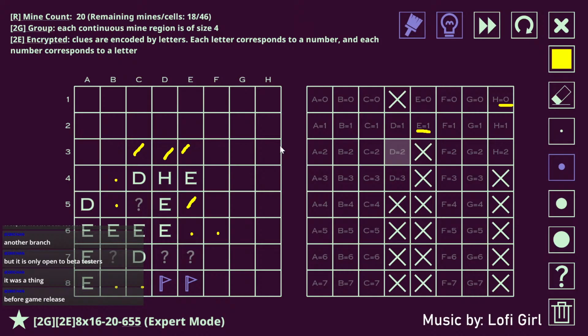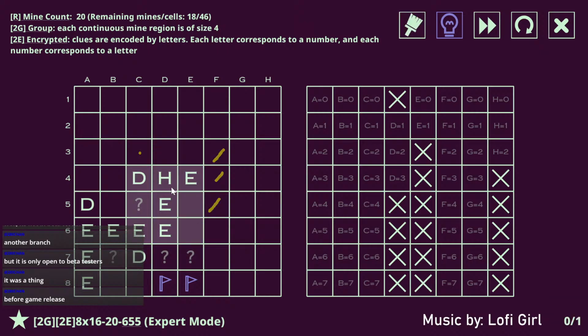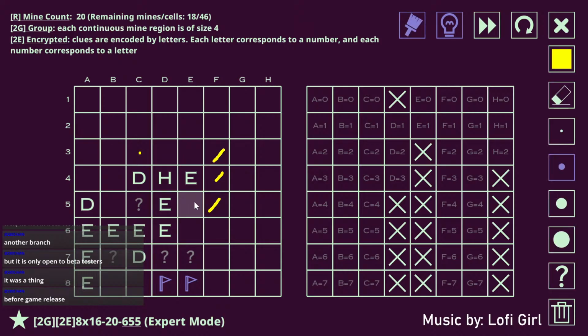But in the case where H is greater than E, then we know that must be a mine here and no mines here. Does that help? Yes, it further confirms the fact that there can't be a mine here.